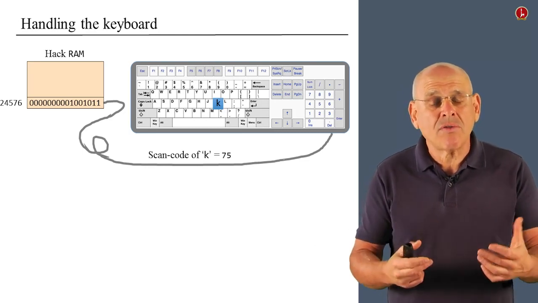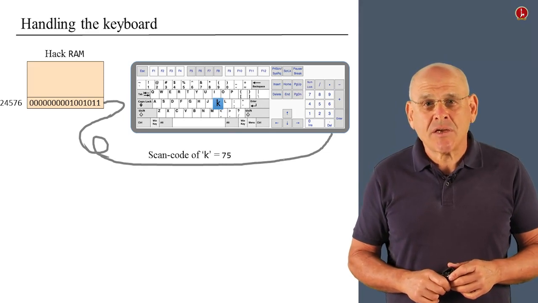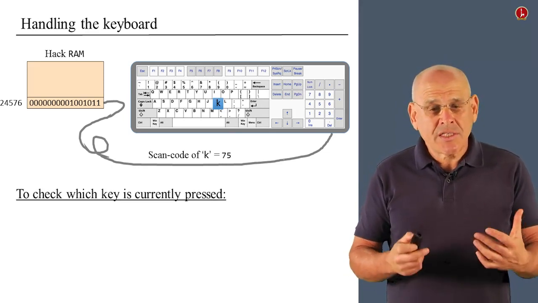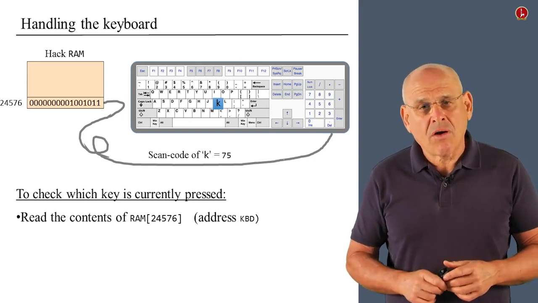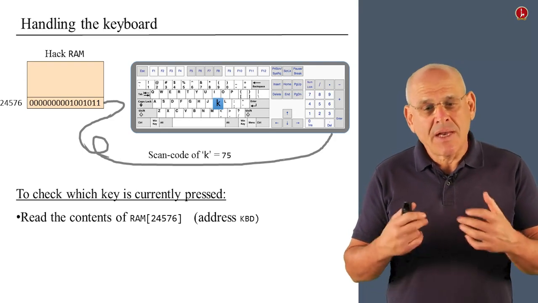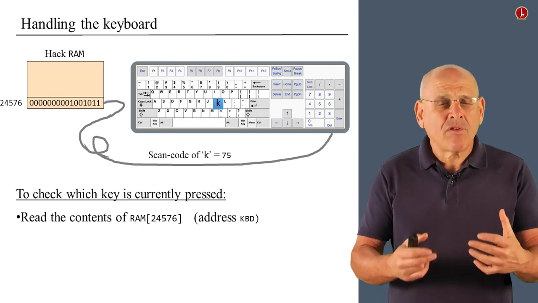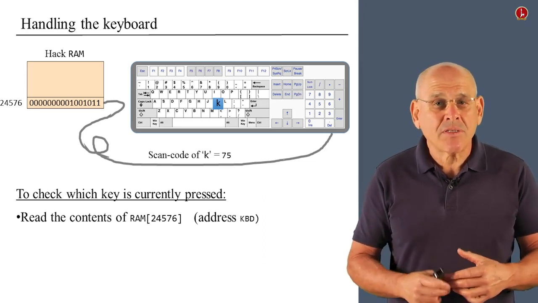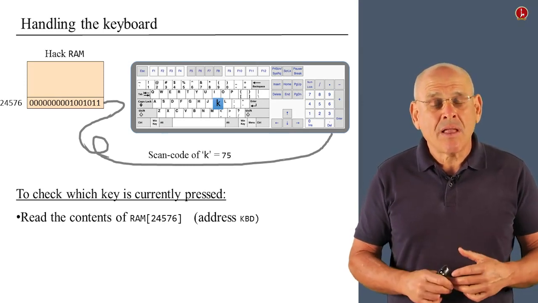You have to write code that accesses this particular register and inspects it. So to check which key is currently pressed, you read the contents of the RAM at address 24576. You don't really have to use this difficult to remember number, because this number also happens to be the value of the predefined label KBD.